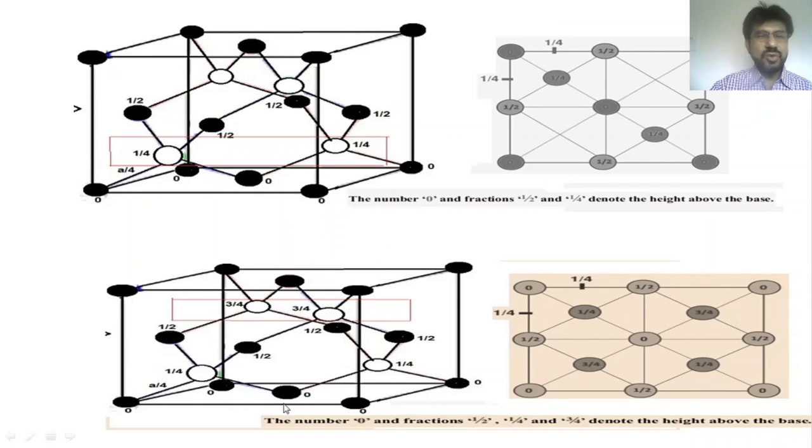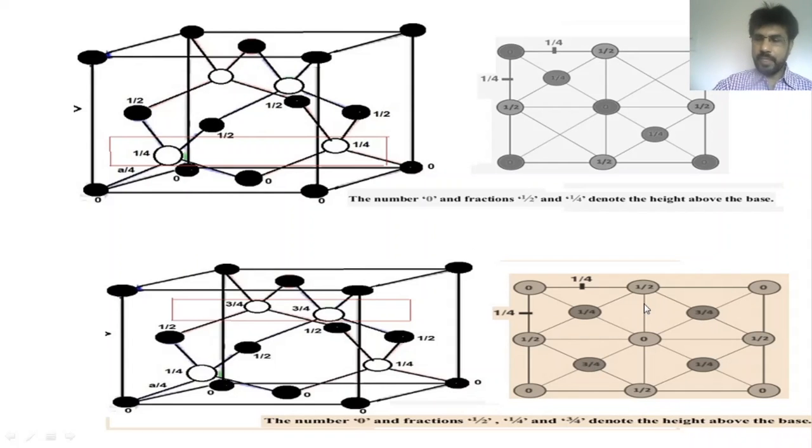Now in case of this unit cell, we can see these are the 2 atoms which are near to these 2 corner atoms and they are at a distance 3/4 from these 2 corner atoms. So their coordinates are the 3/4 and the 3/4.